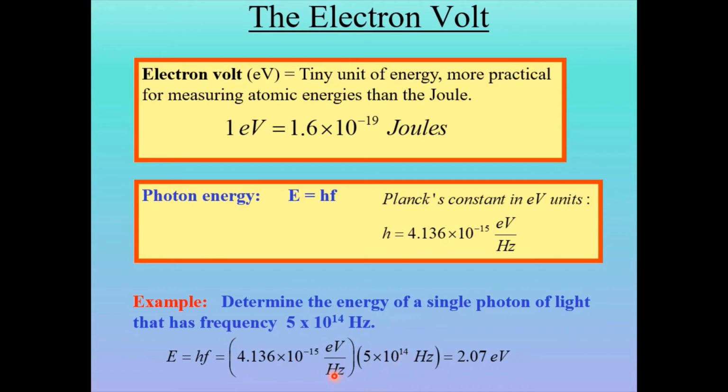Look what happens. The hertz here cancels the hertz here, and we're left with our electron volts. And notice the answer here is about 2 electron volts, 2.07 electron volts. And this is typical for the energy of a photon of light. It usually is just a few electron volts. And that's one of the reasons why we use eVs instead of joules.